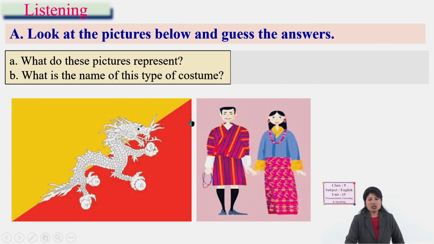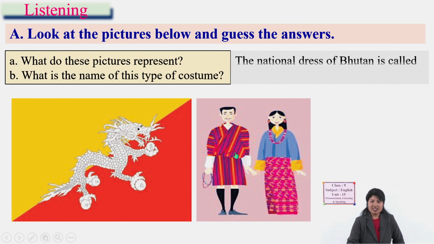Then, let's talk about this costume. What is our national costume? Daura suruwal and gunyo choli, right? But this dress is also a national dress, but of Bhutan. Yes, this is the national dress of Bhutan, and it is called... Look here.